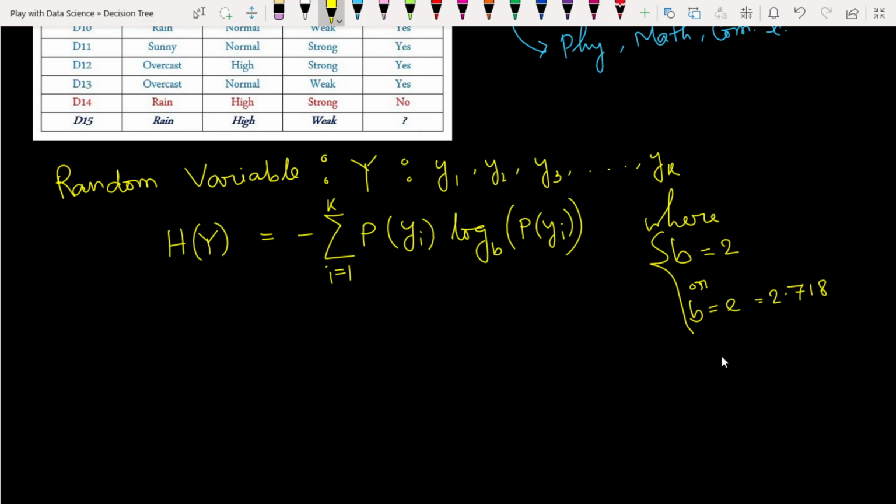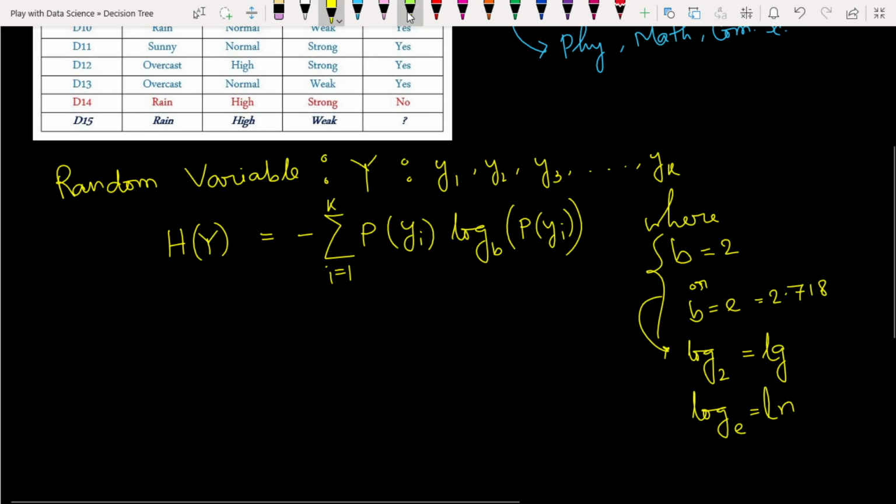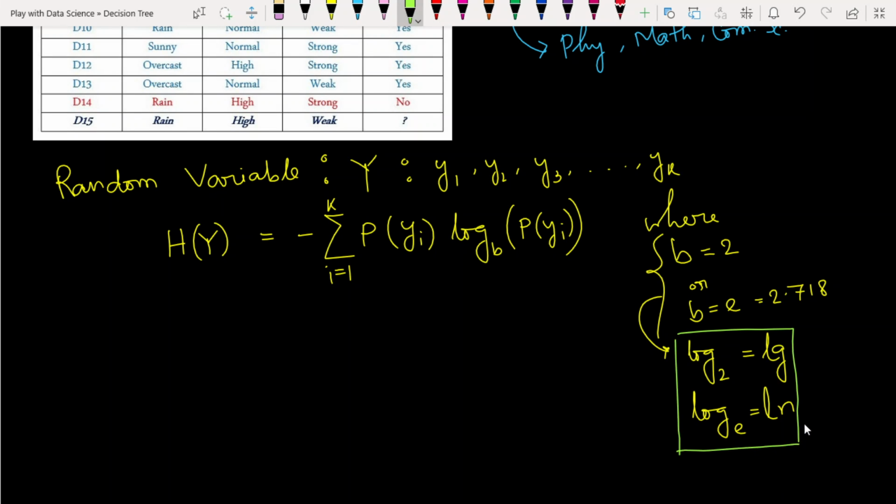If we take b equal to 2, then this is log base 2, generally written as lg. If we take log base e, then this log is in general written as ln. This is the simple concept of logarithm.